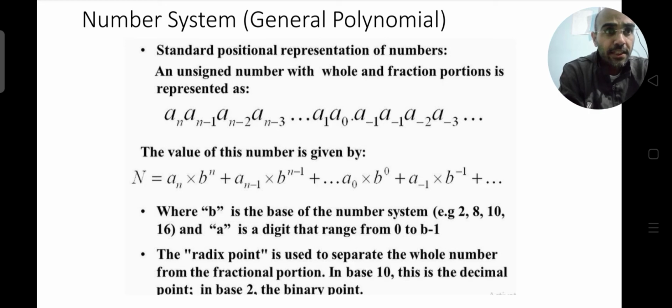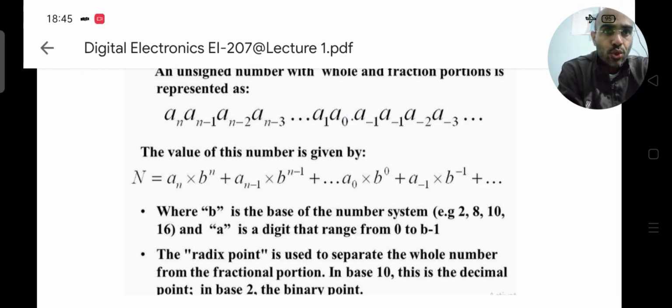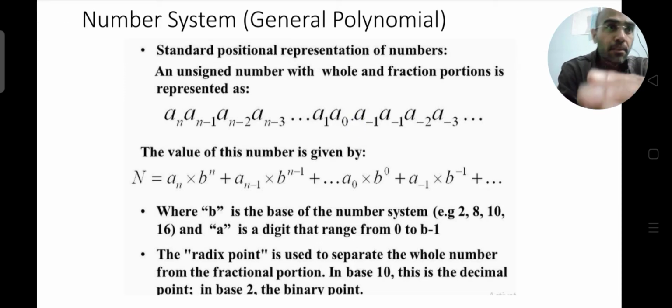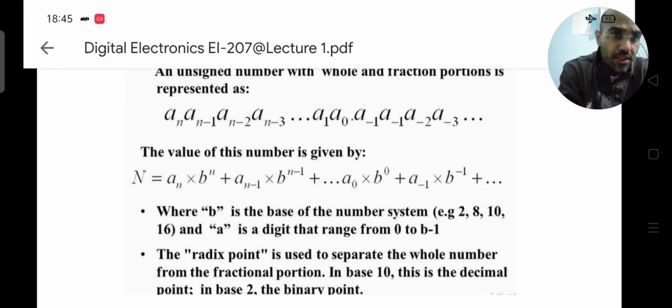These are the digits or the bits, or you can call them anything else depending upon the number, but these will only be symbols. And after A0 you can see there is a small point. Before the point we have the integral part, whereas after the point we have the fractional part, and the fractional part is denoted as -1, -2, -3, -4 and so on.